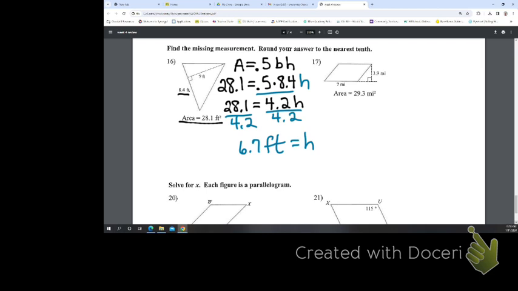Number 17 is a parallelogram. So it is a parallelogram. The area is just the base times the height. So 29.3 is equal to something times 3.9. So again, we would be multiplying if we knew base and height, so we need to divide to solve.